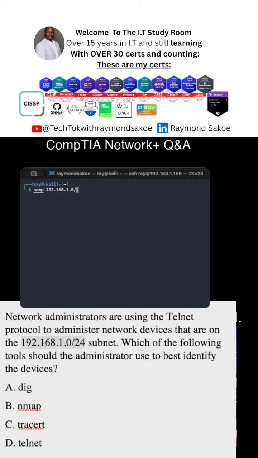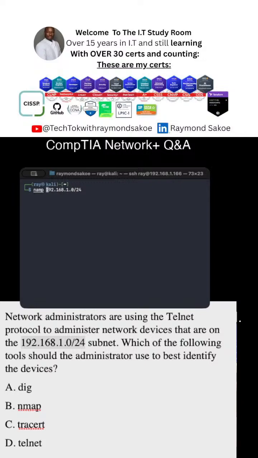Okay. So now slash what? 24. That is a subnet. So it's going to go through my entire network to see what ports I have open. Since they mentioned port 23 specifically, Telnet, let's do that.